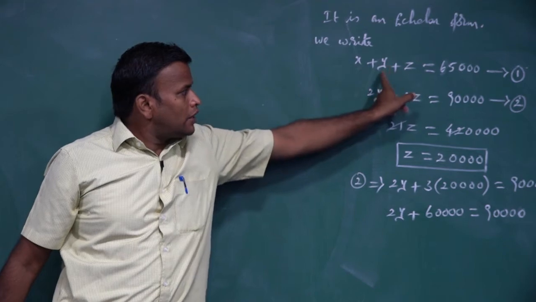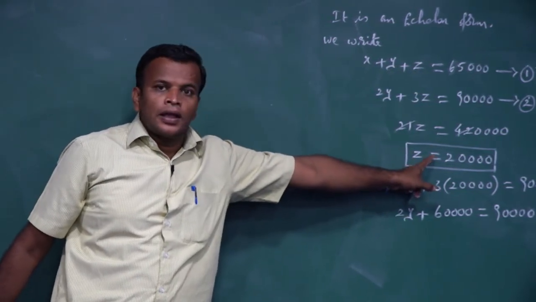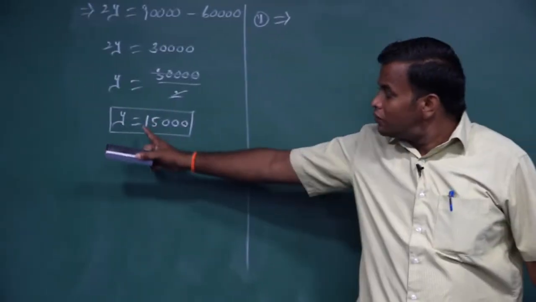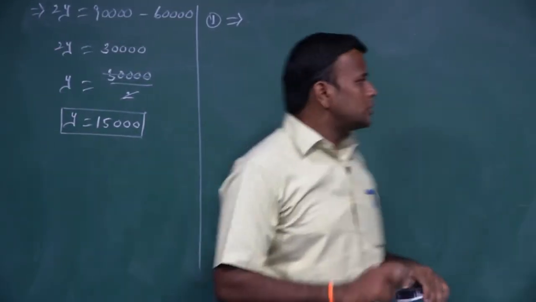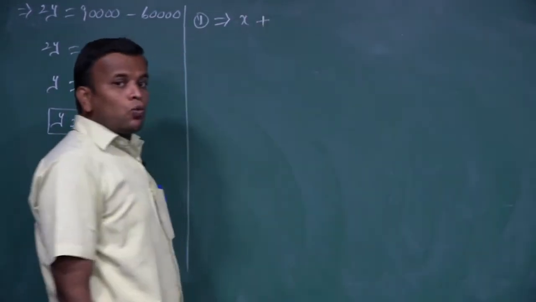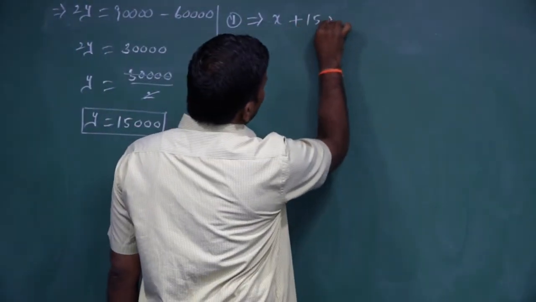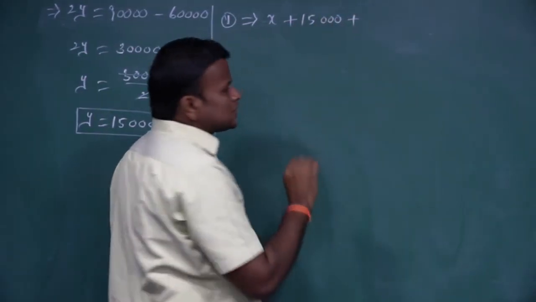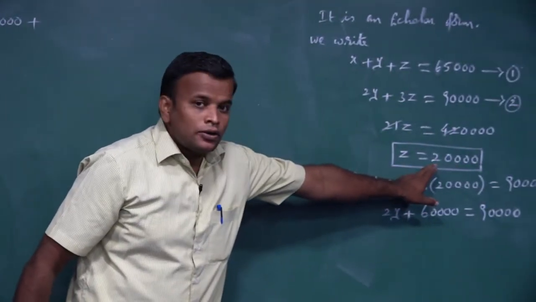We already found the values of y and z. The value of z is 20,000 and the value of y is 15,000. Now we use these two values in the first equation. So equation 1 gives x plus y, the value of y is 15,000, plus z. The value of z is 20,000.